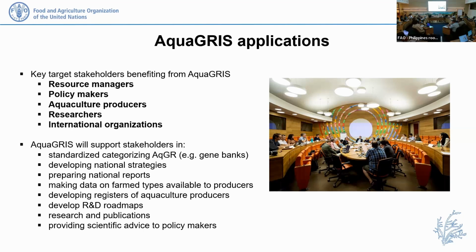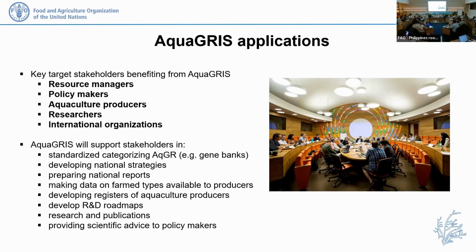It can be used for developing national strategies, for example, to implement some elements of the global plan of action. If you understand the resources you have, you can work out where to prioritize your effort in managing genetic resources. It can be used for preparing national status reports, which FAO can then aggregate into global status reports. It can be used for making data on farm types available to producers.